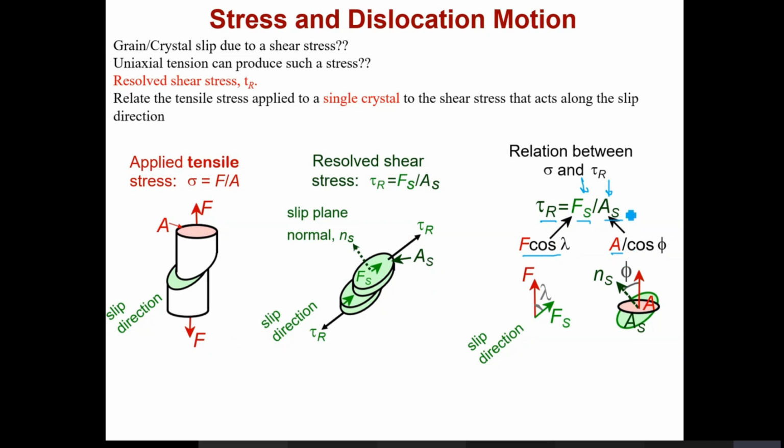As is A over cos phi. So if I divide the two, I would essentially have F cos lambda over A into cos of phi. Would this be the expression?